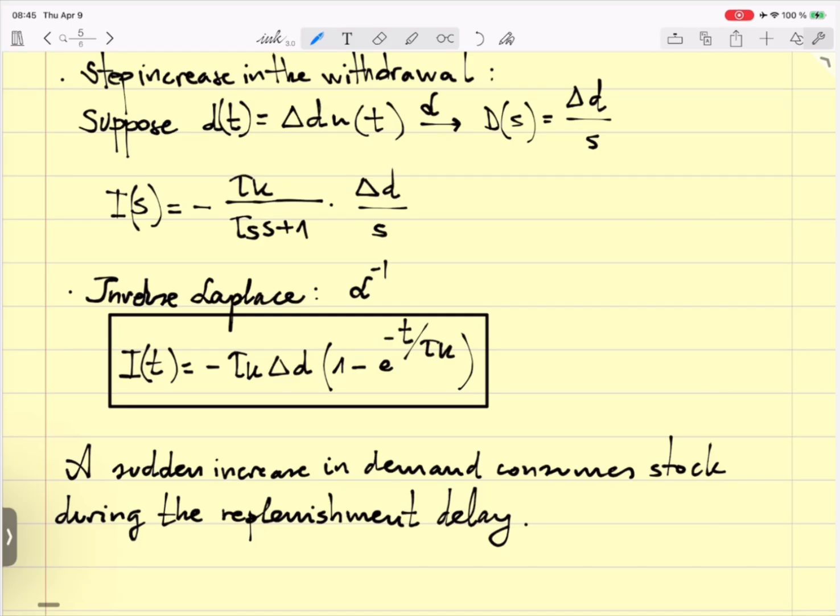The final inventory loss is tau sub k times delta d.